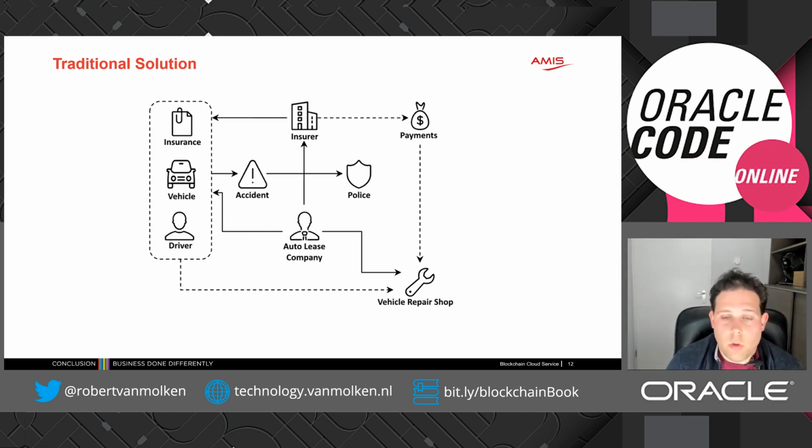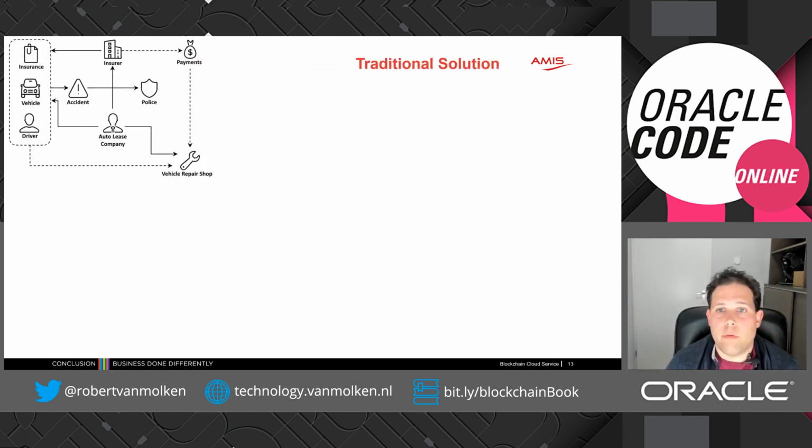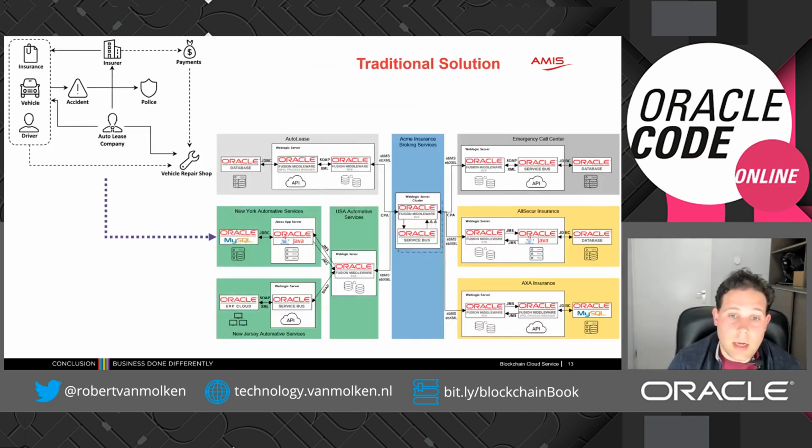In a really traditional way, it's email-based, paper-based, and something like that. But let's say we have a more electronic, digital solution that uses B2B. In this image you see a lot of organizations working together.